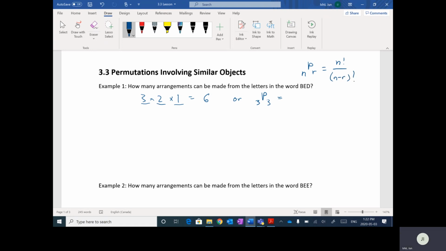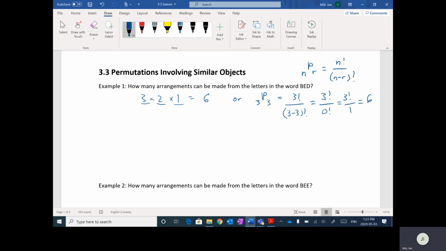So in this case, this will be 3 factorial over 3 minus 3 factorial, which is the same as 3 factorial over 0 factorial. And 0 factorial is actually 1. So it's 3 factorial over 1, which is 6 over 1, which is just 6.